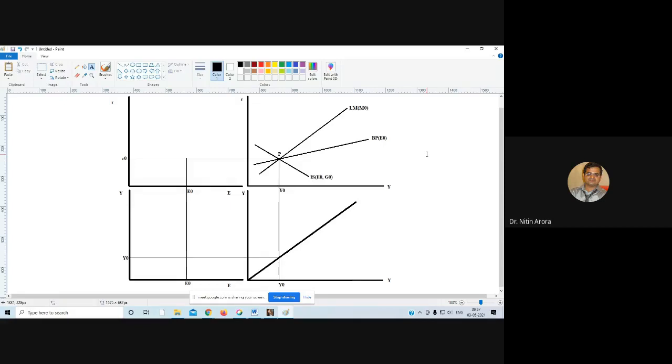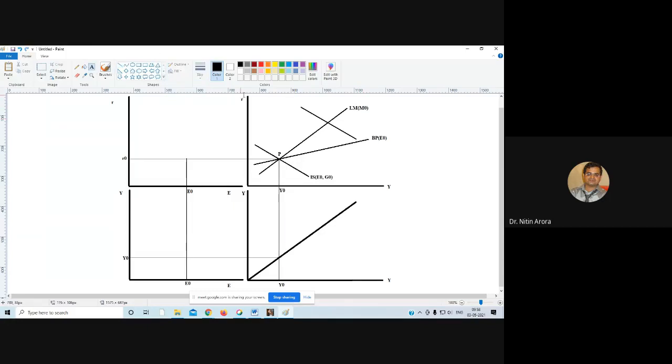Now, suppose a fiscal policy or fiscal expansion exists that shifts the IS curve to the right, and there is a temporary equilibrium at some point. Let us suppose the IS curve shifts to the right.